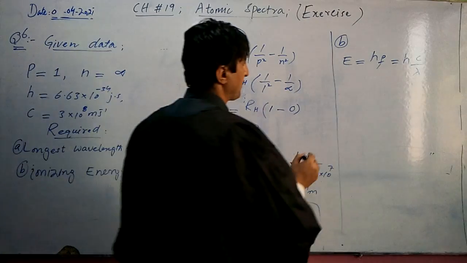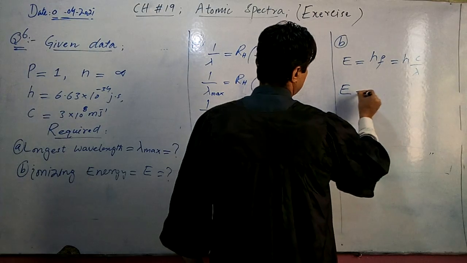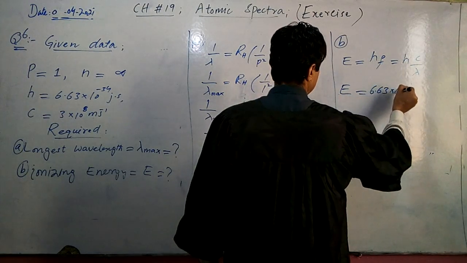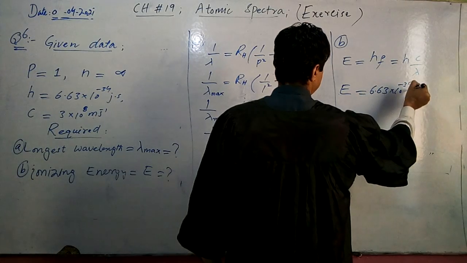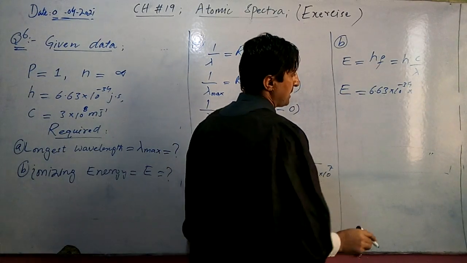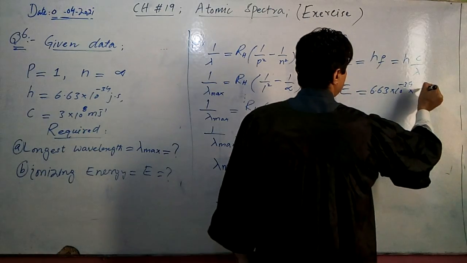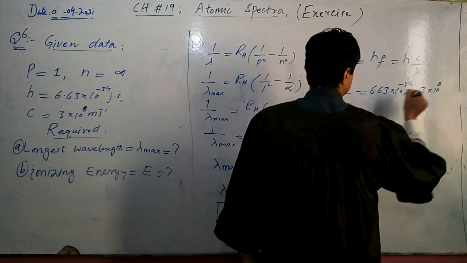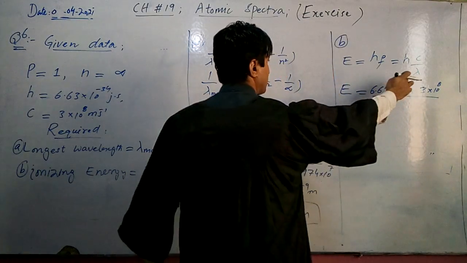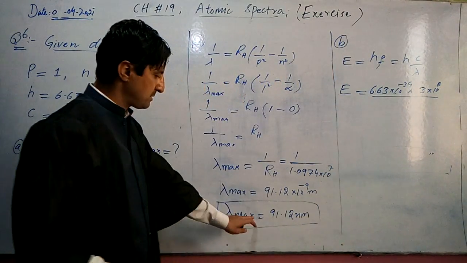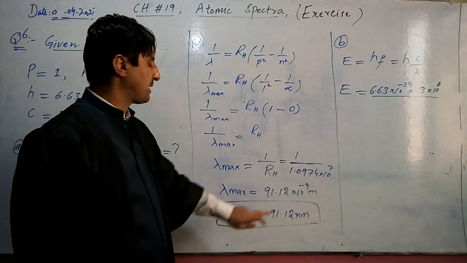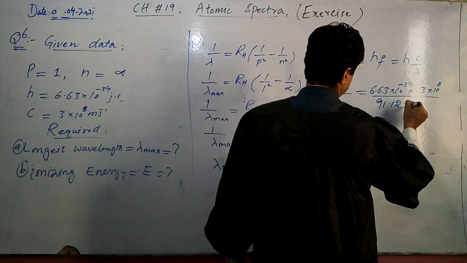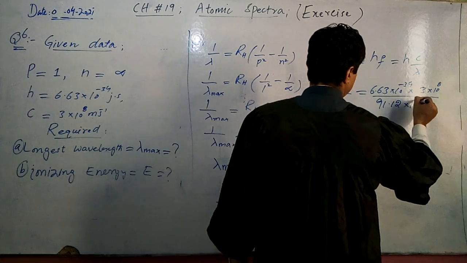So let's calculate this value. 6.63 multiplied by 10 power minus 34, this is the value of Planck's constant h. What is the value of c? c is the speed of light, so its value is 3 multiplied by 10 power 8, divided by the value of lambda, which is 91.12 multiplied by 10 power minus 9.